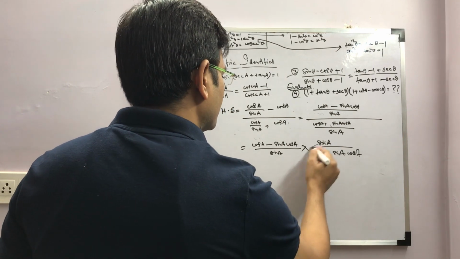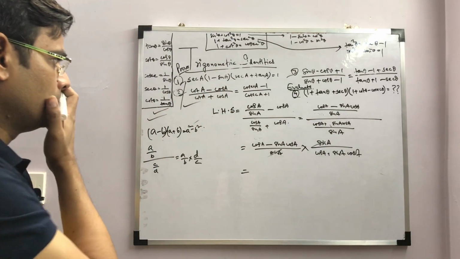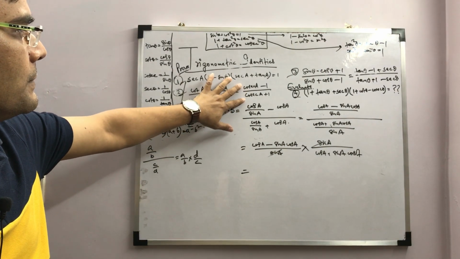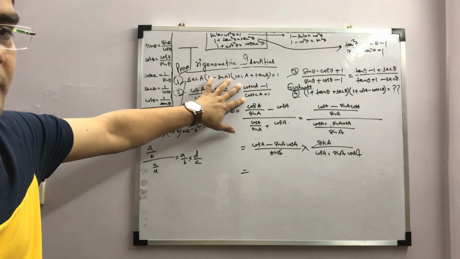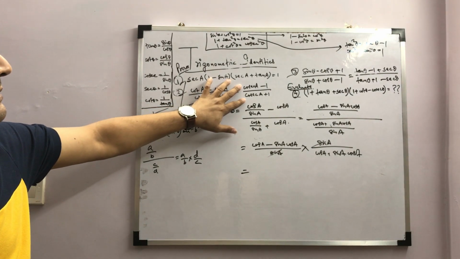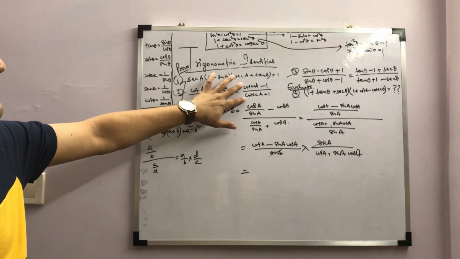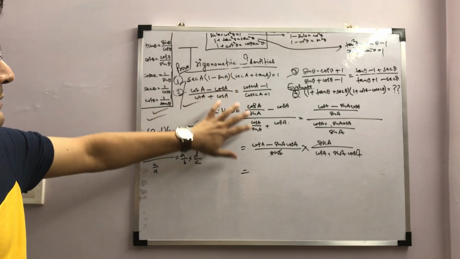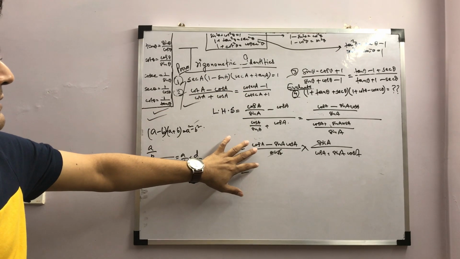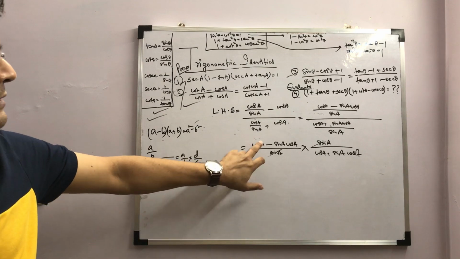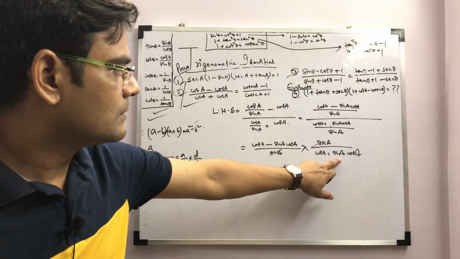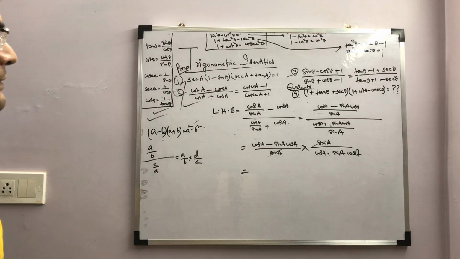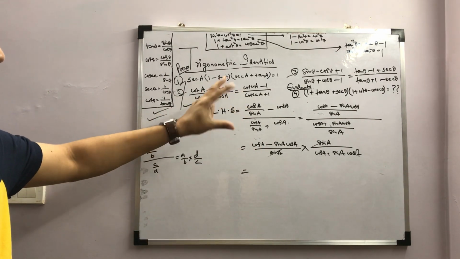Now sin A and sin A get cancelled, but we have to represent it in the form of cosec A. That means we should get sin A somewhere, 1 by sin A. So that's the reason we see that we have a sin A cos A here, extra cos A. We have an extra cos A here too, and then we will be left only with sin A. I don't know if I will be able to reach this, but that is the correlation.